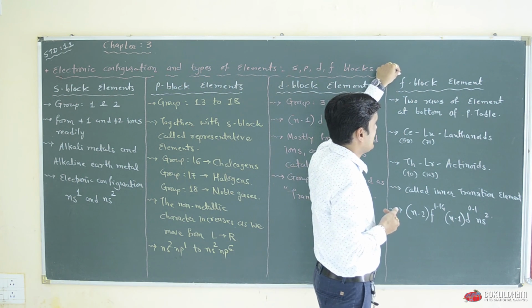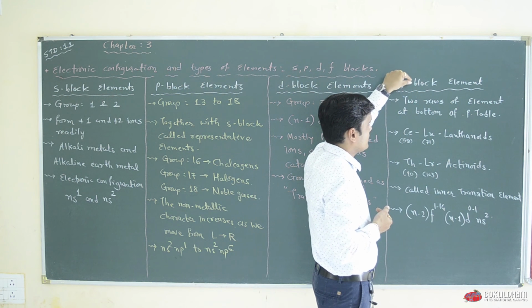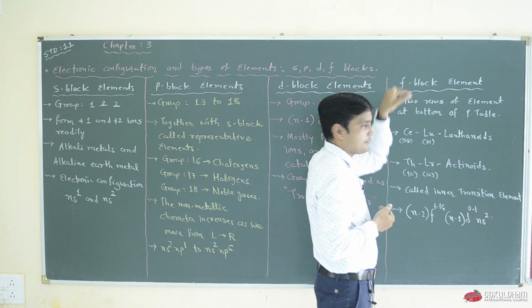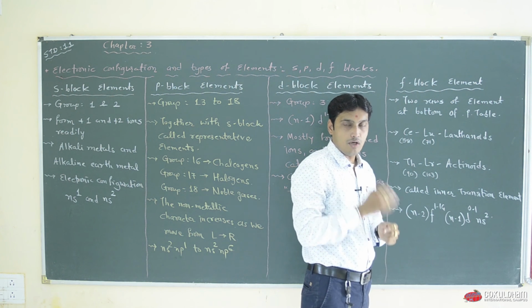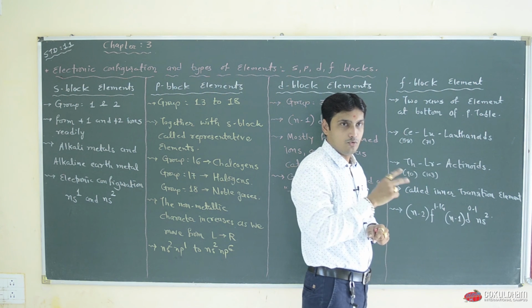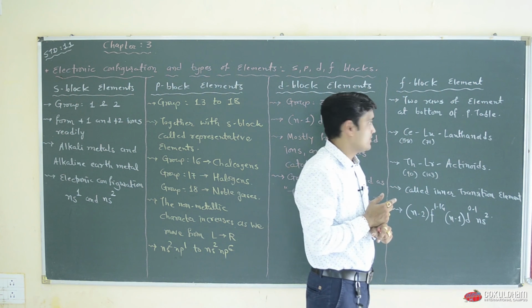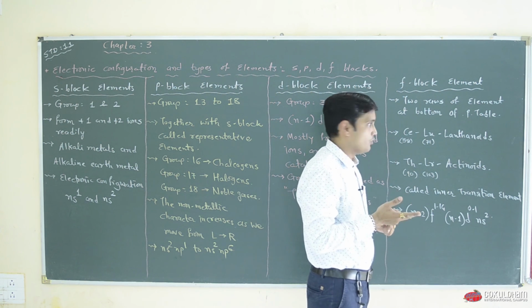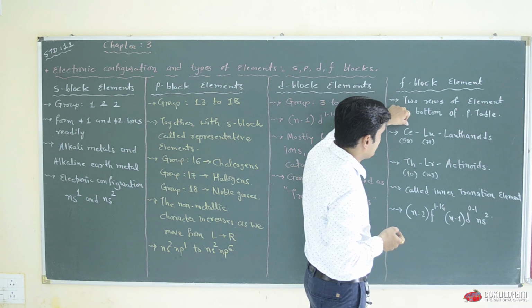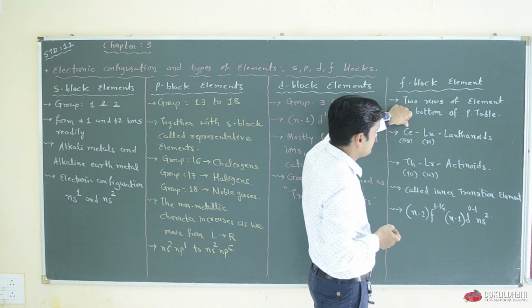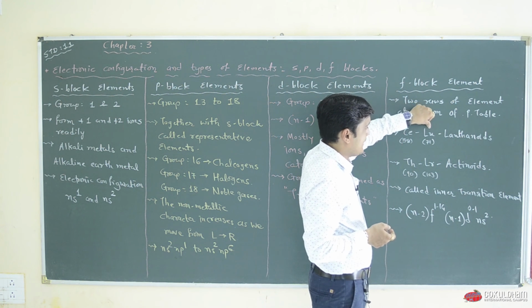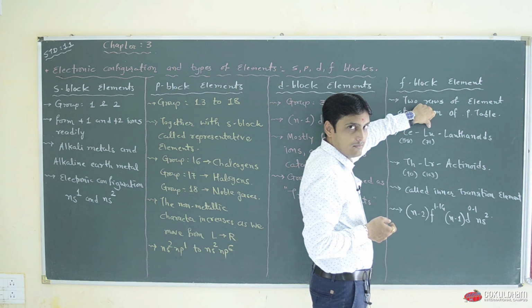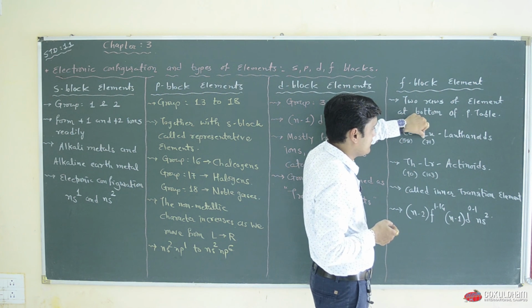Last section, f block elements. These elements are present at the bottom of the periodic table in two parallel lines, or you can say horizontal rows. The first row is from Ce, cerium, to Lu, lutetium. Atomic number is 58 to 71.